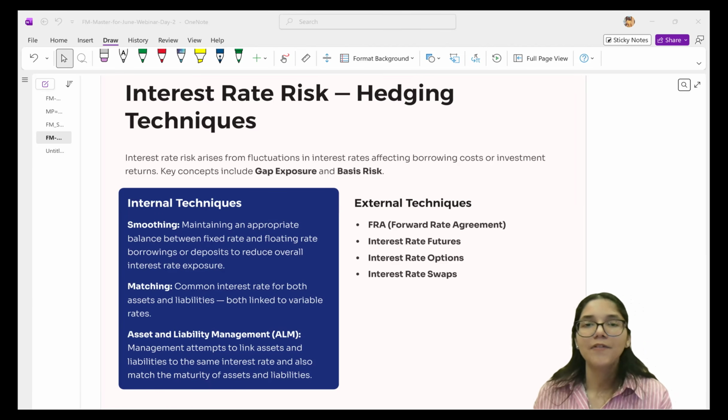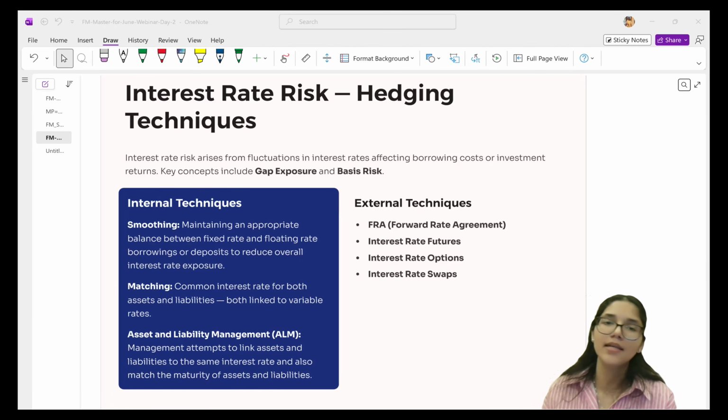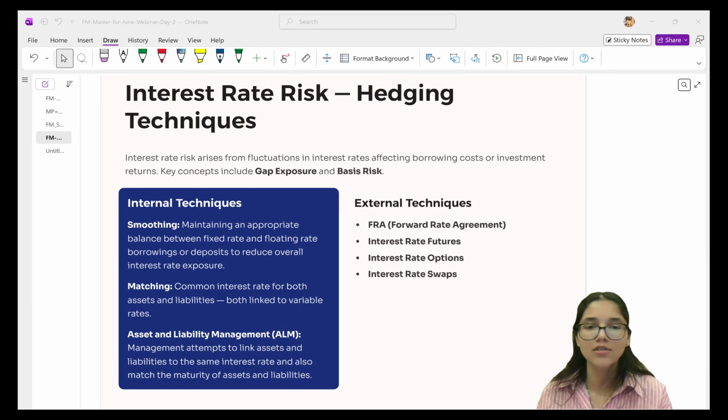And then guys, we have the interest rate futures. Again, futures and forwards are nearly the same, but the same difference that we had learned in the currency hedging also. The forward rate agreements, the forwards, are OTC, over the counter, they cannot be traded in the market, and they have a risk of default.